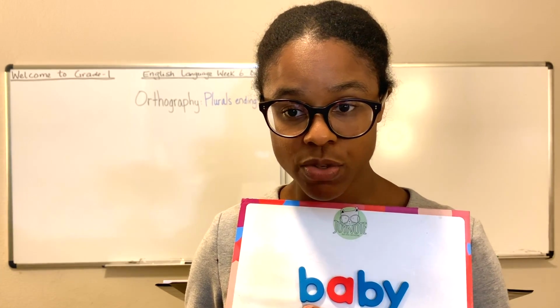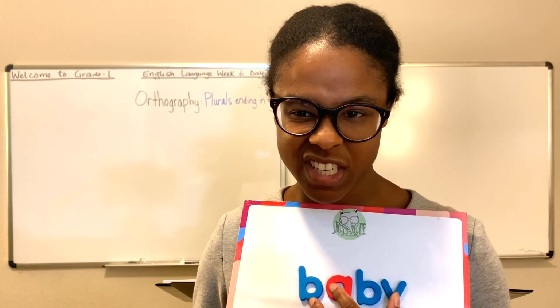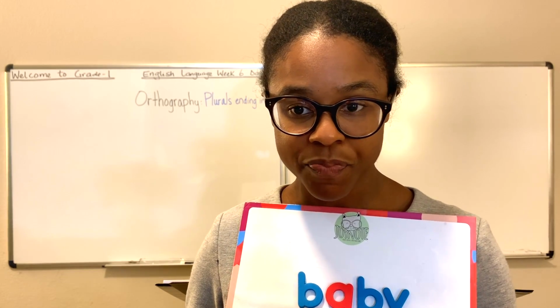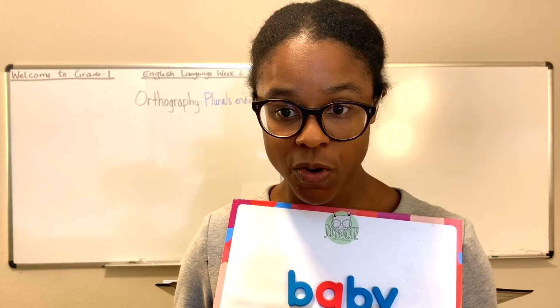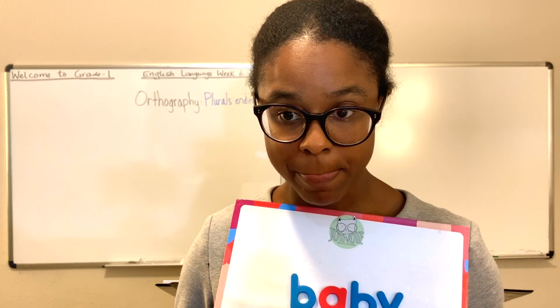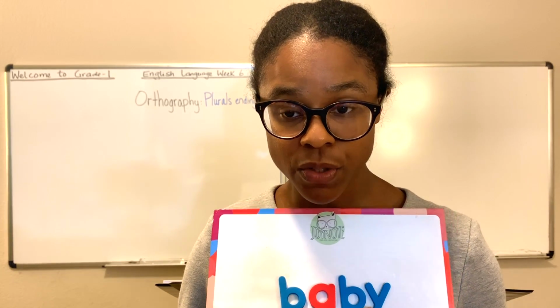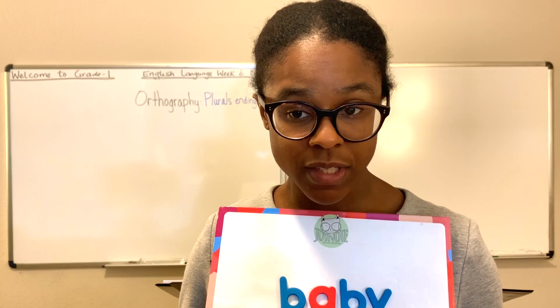So what we're going to do is, if you have your workbook, you have the instructions there, and it's very much more detailed than this, but whenever you have a word that ends in Y, to make it plural, you have to do one of two things.